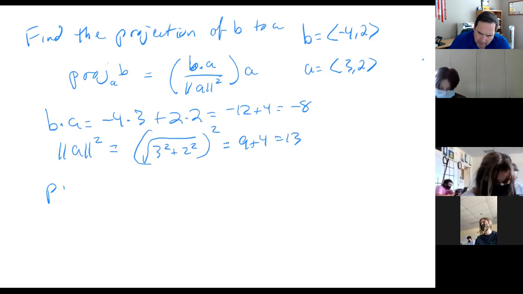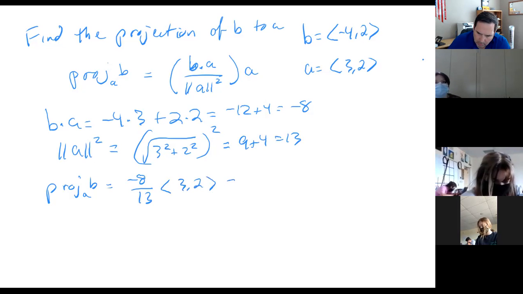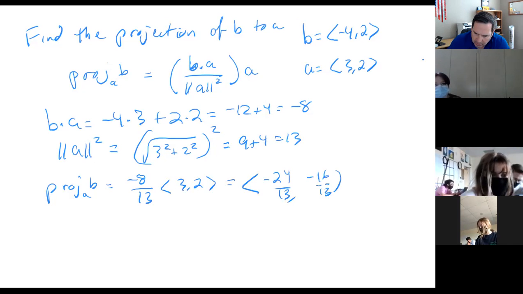Our projection of B onto A is B dot A, which we found was -8, over the magnitude of A squared, 13, times the vector A, which is 3, 2. So -8 times 3 is -24 over 13, comma, -16 over 13, since -8 times 2 is -16.